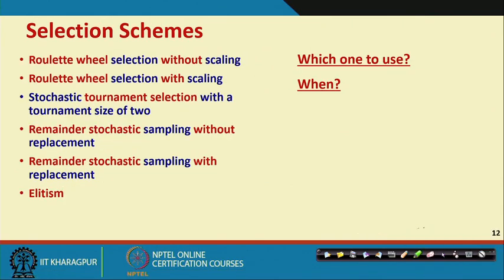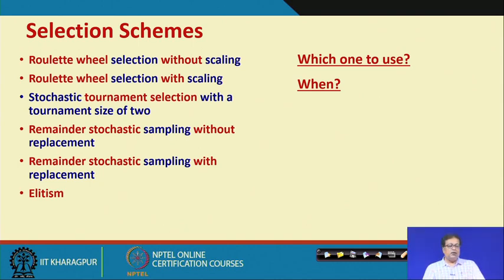For example, we have roulette wheel selection without scaling, roulette wheel selection with scaling, stochastic tournament selection with a tournament size of 2, remainder stochastic sampling without replacement, remainder stochastic sampling with replacement, and elitism.